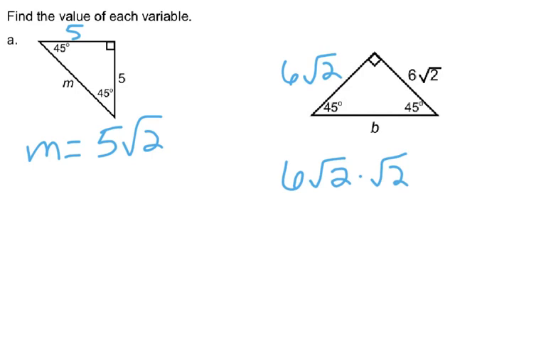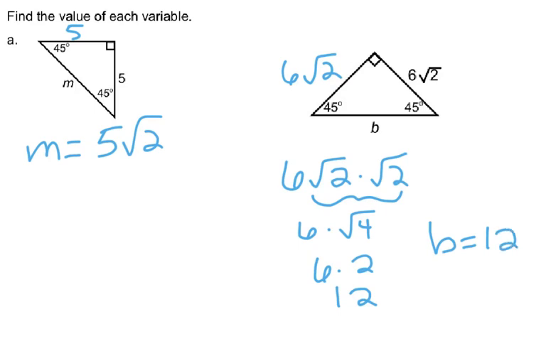Here we have 6 root 2 times root 2. If we multiply these two first, we have 6 times the square root of 4. The square root of 4 is 2, so 6 times 2 is 12. So b would equal 12.